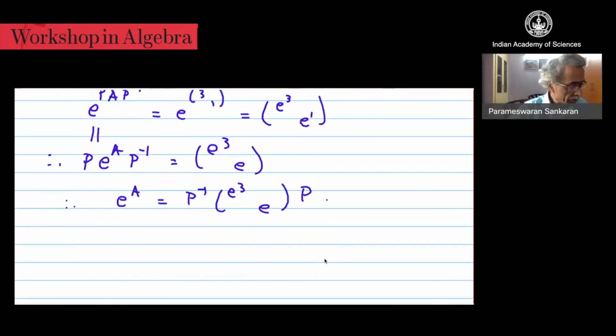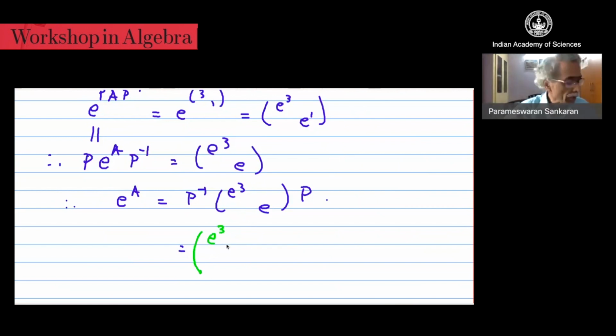And if I have done this correctly, I get something like this. This you can check at home. I write it in green, but you please verify at home.